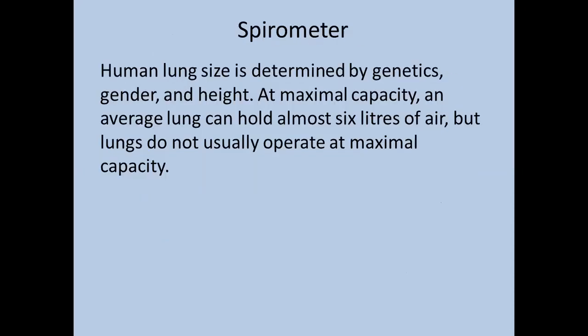Okay, so human lung size is determined by genetics, by gender, by height. At maximal capacity, an average lung can hold almost 6 liters of air. Sorry, here it's actually both pairs of lungs, just be aware of that. However, they don't usually operate at maximal volume, maximum capacity.